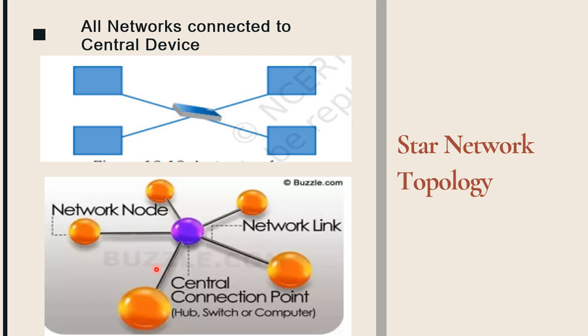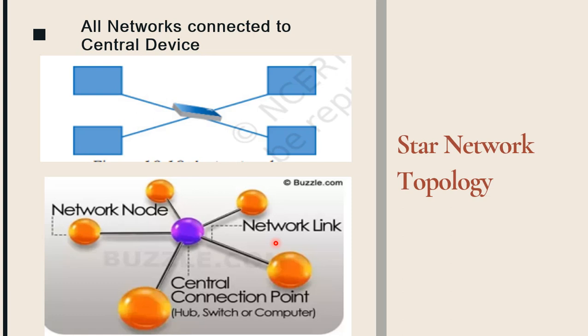Adding or removing network nodes is very easy in this type of star topology. We can add more nodes or remove existing ones without affecting the entire network. We can easily separate out one of the nodes, and we can make an addition of another node without disturbing the other existing nodes.